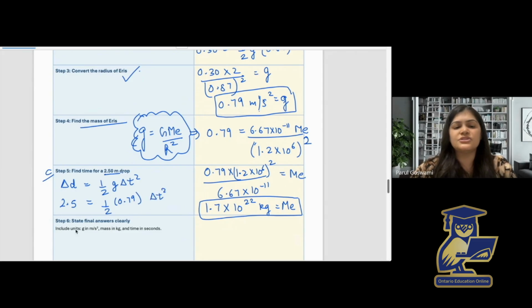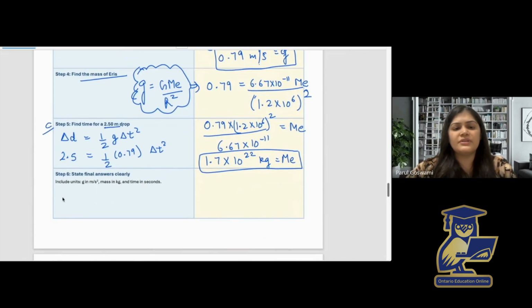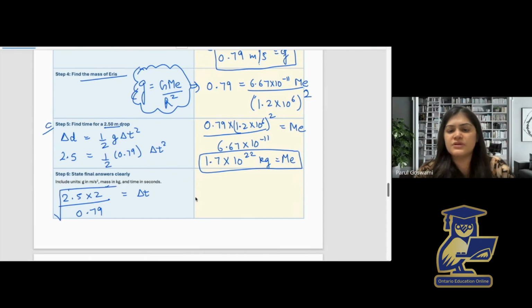Now on rearranging, I will get 2.5 times 2 divided by 0.79 equals delta t square, and I'll use the inverse operation to find delta t. So it will give us 2.5 seconds. So delta t would be 2.5 seconds.